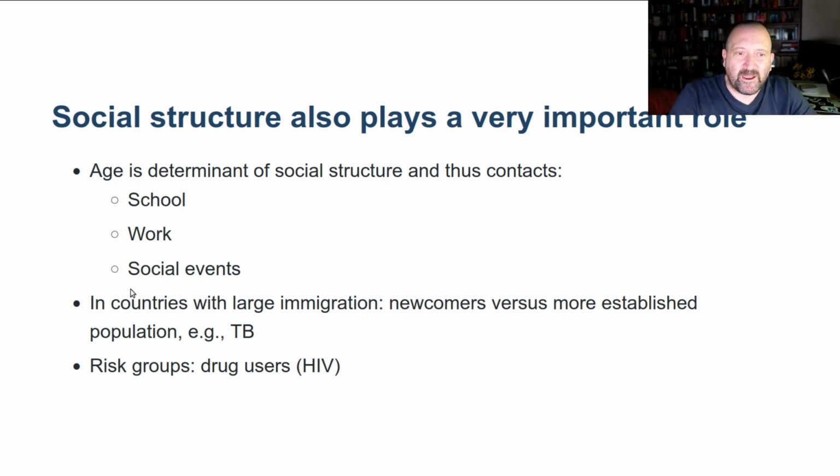For instance, in a country like Canada, we have a large immigration, and newcomers are more prone to developing tuberculosis than established populations. An example I was giving in an earlier lecture: intravenous drug users are a higher risk group for infection by HIV than other groups.